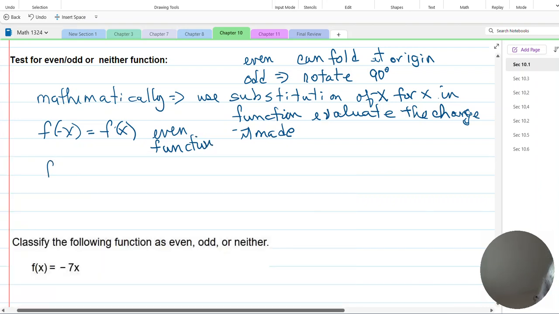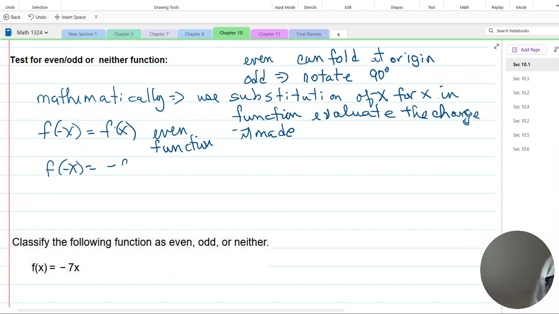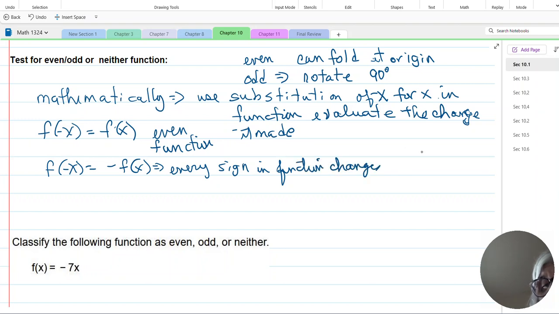If I substitute a negative x for every x in the function, and I get every sign change, we have an odd function.